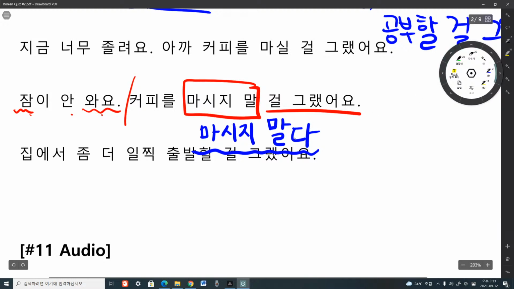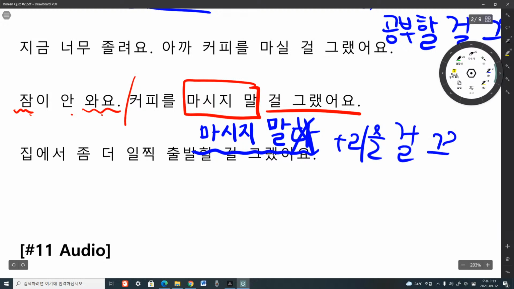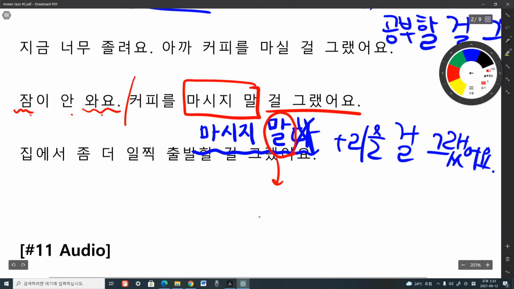So 마시지 말, and then you combine the stem with 걸 그랬어요, right? But there's an irregular verb, right? 말다 is a 리을 ending verb. So it's also considered an irregular rule. So you cannot say 말을 걸 그랬어요. You can just delete the whole suffix together and just go with 말.